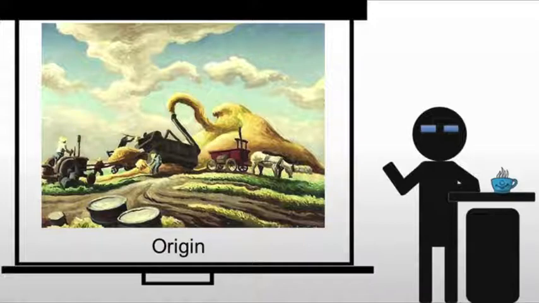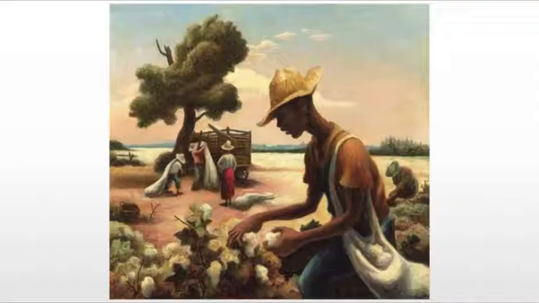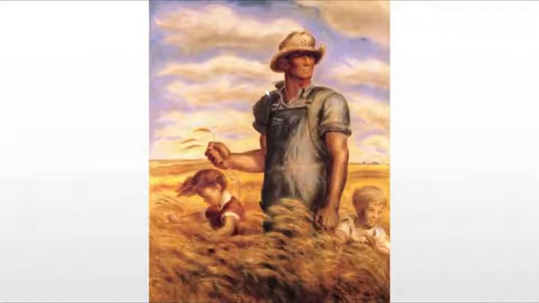So again, two sides. The regionalist style was at its height from 1930 to 35, and the best known artists were, of course, the regionalist triumvirate of Grant Wood, who we're going to be looking at, along with Thomas Hart Benton of Missouri and John Stuart Curry in Kansas.